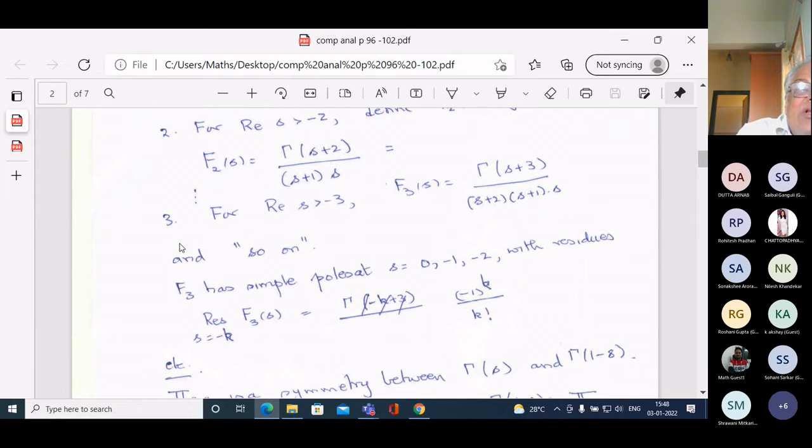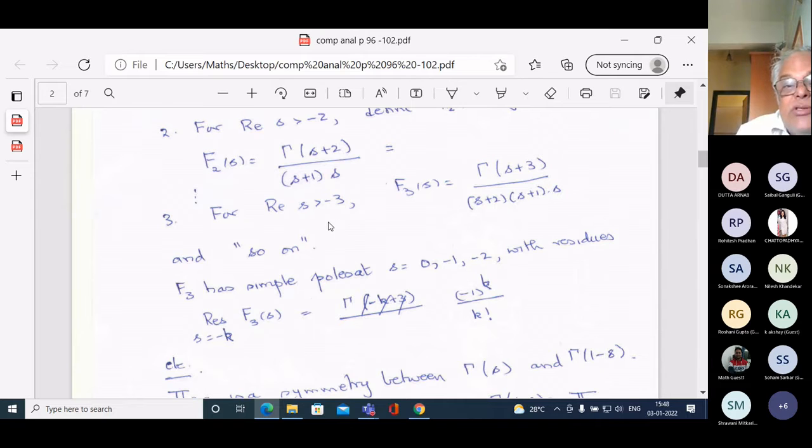So clearly this will be an extension of the gamma function, because F2 and F1, when you put real part of s greater than 0, coincide with gamma of s.